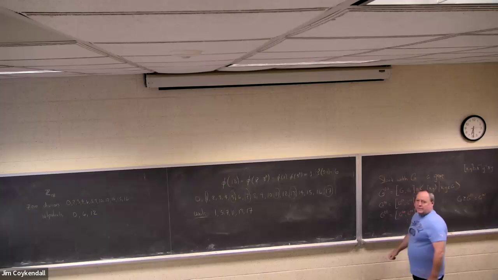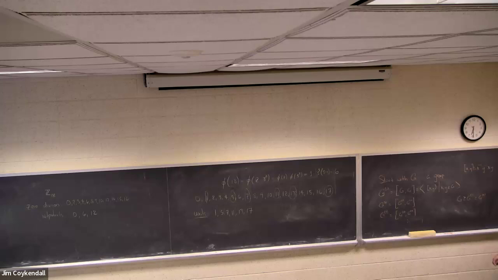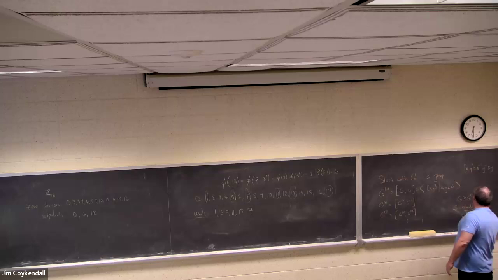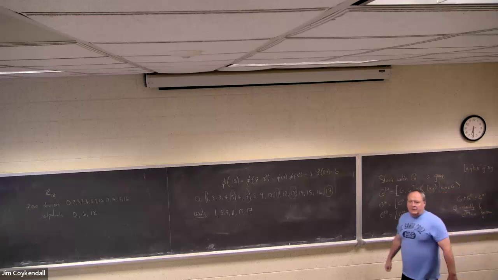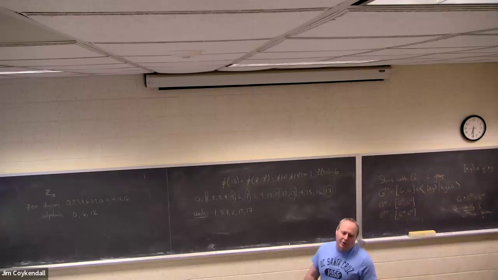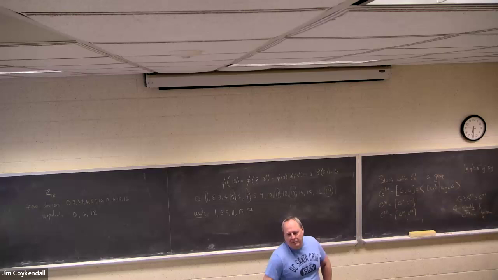And so this gives a descending chain of groups. Every time you basically repeat this process over and over. Just keep going. G is solvable if at some point you reach the identity. So if in a finite number of steps you get all the way down to the identity group, then that's what it means to be solvable.